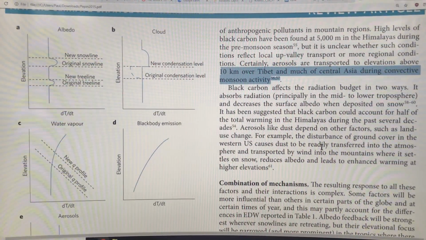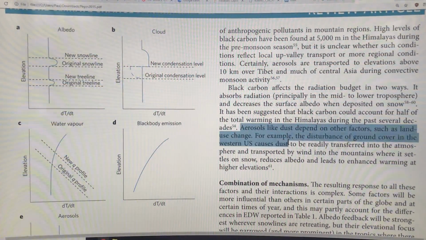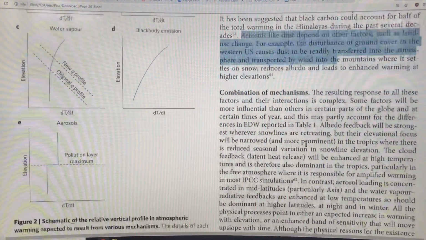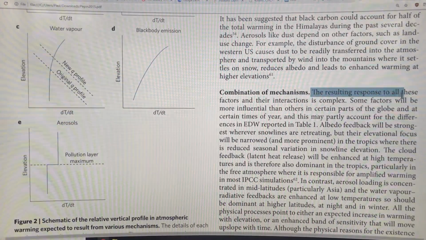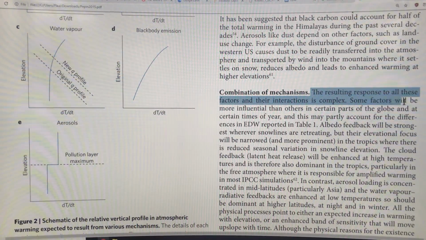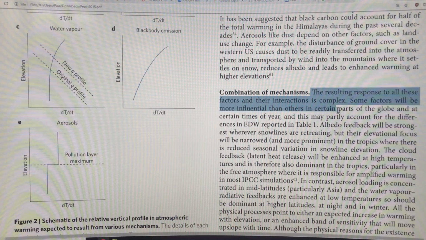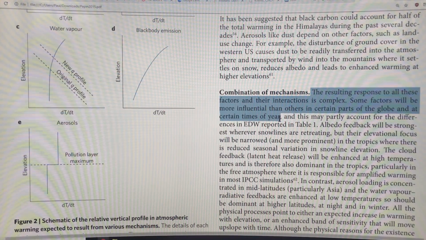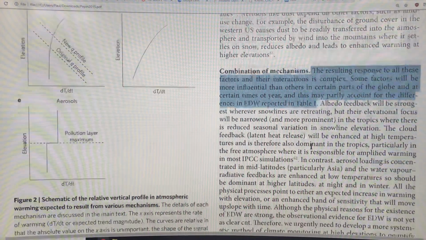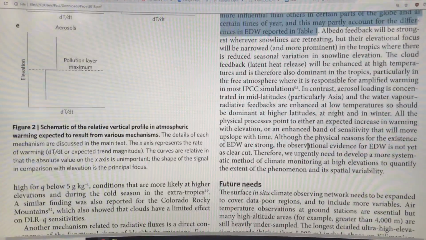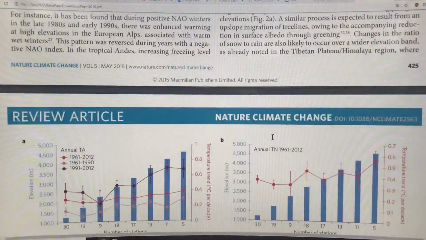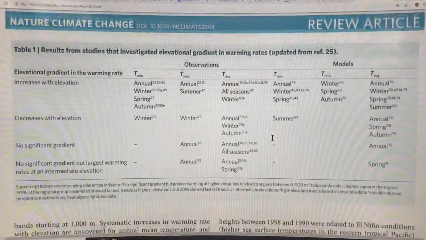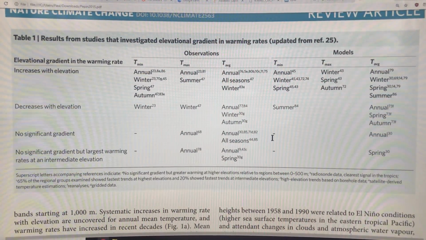Okay, so there are all of these different effects going on. When you combine them all, the resulting response and the interactions are complex. Some factors will be more influential than others in certain parts of the globe and at certain times of the year. And this may partly account for the differences in elevation-dependent warming. Okay, so basically, this is a more complex situation than the Arctic temperature amplification.